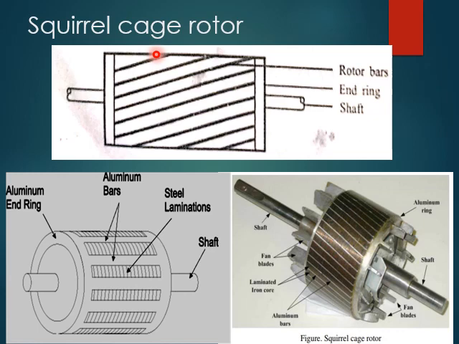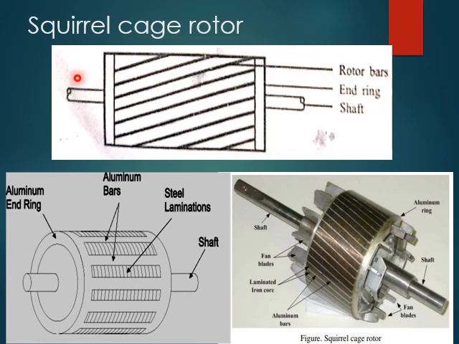Now, it consists of parallel slots on its periphery. You can see that there are parallel slots on its periphery, and in these slots we are going to place the rotor conductors. The rotor conductors, like copper or aluminum bars, are placed in each of the slots.